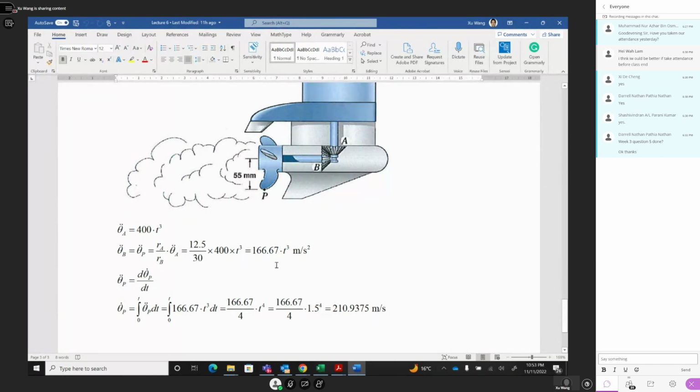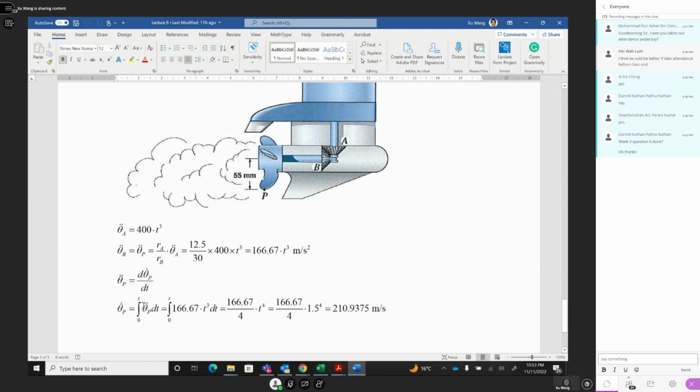Integrating t cubed gives t to the 4 divided by 4. Then with t equal to 1.5 seconds, put 1.5 inside and calculate, it equals 210.9 meters per second. This is omega.